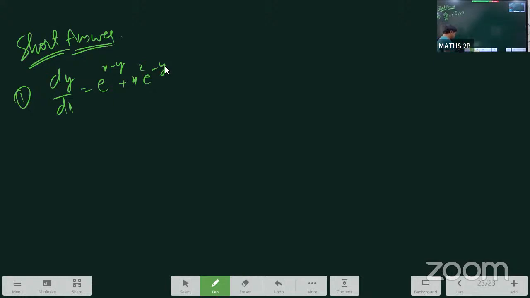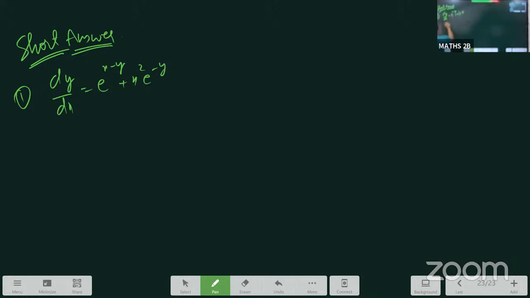Most of the times it is linear form of a differential equation only, right? But sometimes other things can be asked. So let us do variable separable one, and linear differential equations, linear form of a differential equation also I will do. Is it clear? So let us see these things.